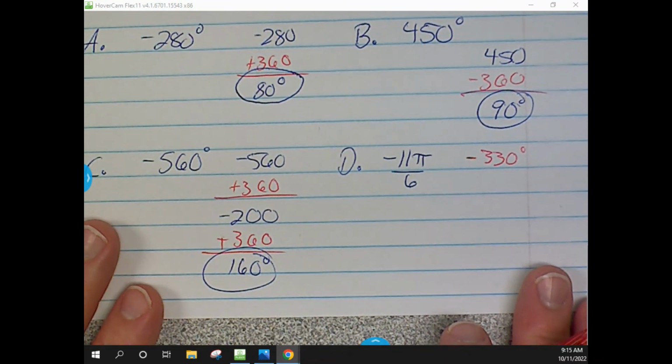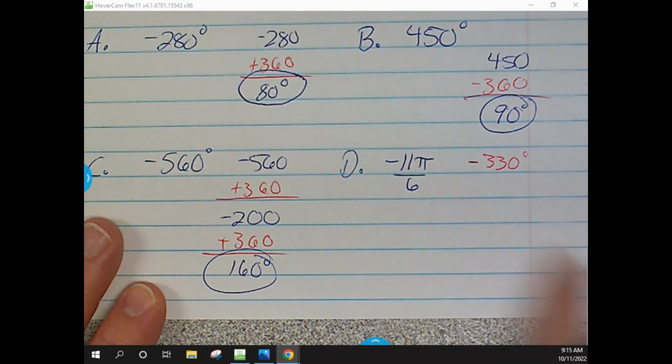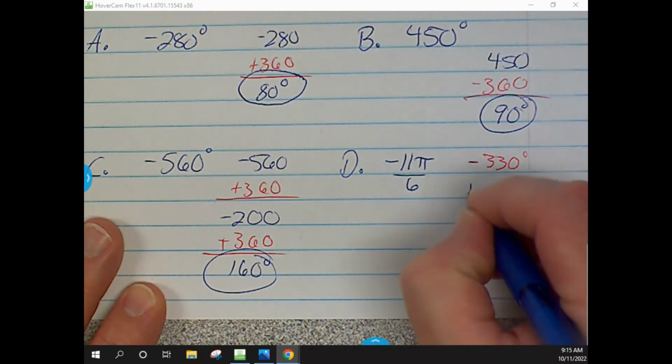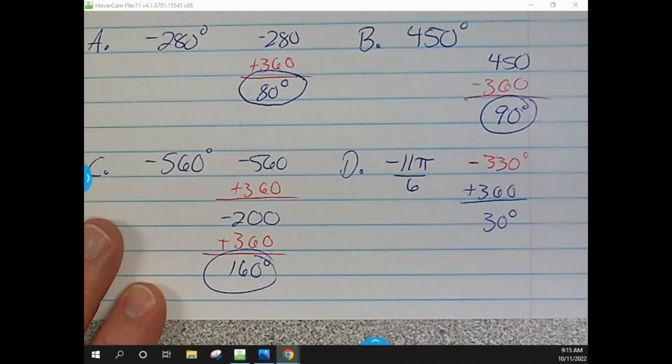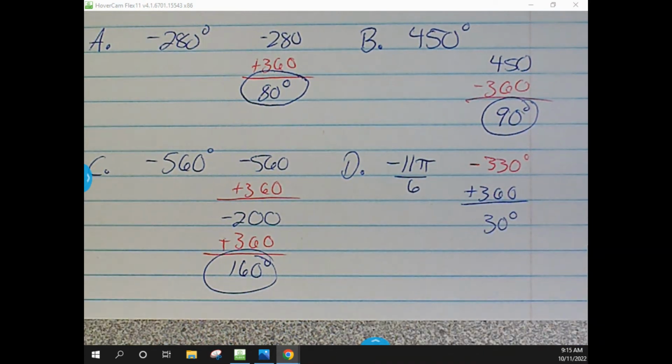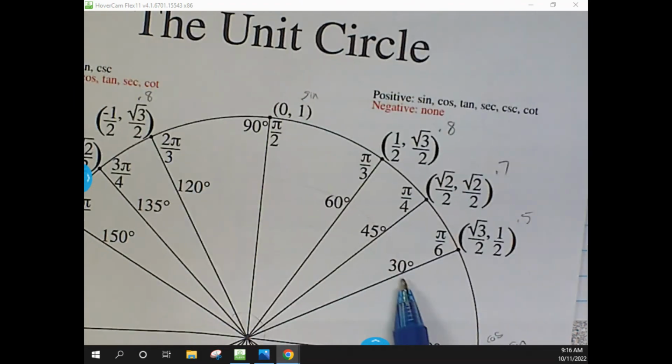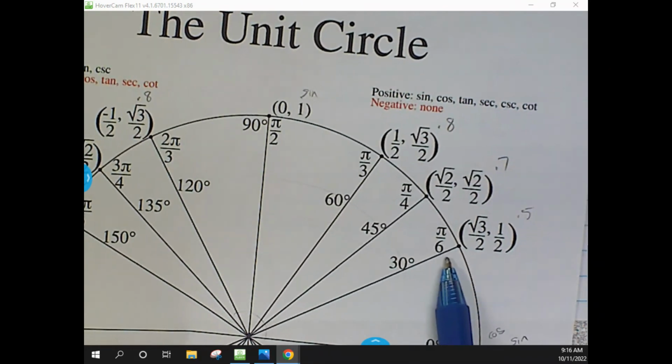Well, if it's negative 330, just like we're doing over here, if it's a negative number, that means we've got to add 360 degrees to it. That'll get us to 30 degrees. Now, here's the catch with this one, though. If they give you the number in pi over something terms, they want the answer also in pi over something terms. So in that case, if you got 30 degrees, you go back over here and say, all right, 30 degrees, that's the same thing as pi over 6.